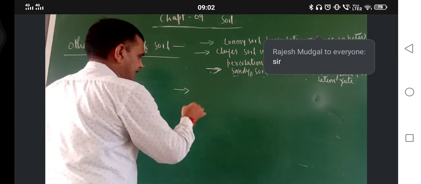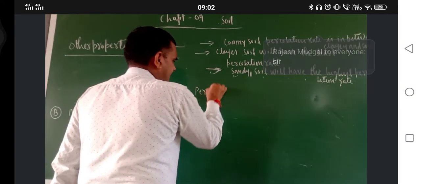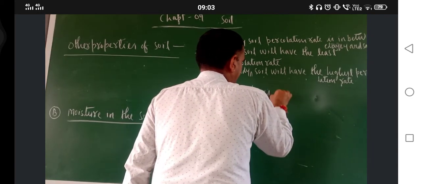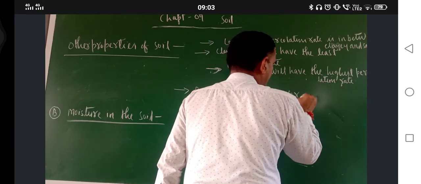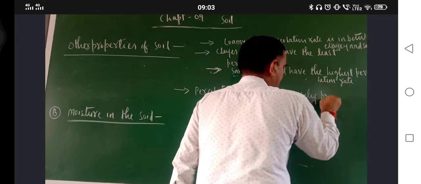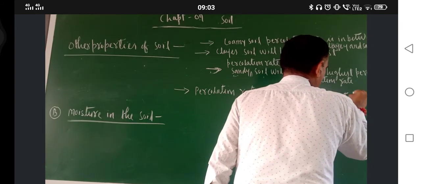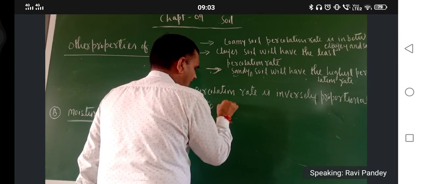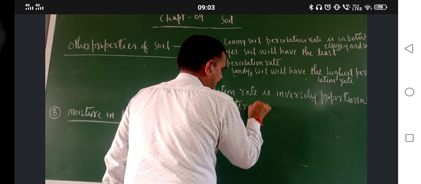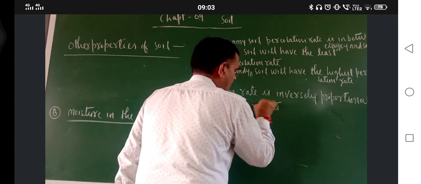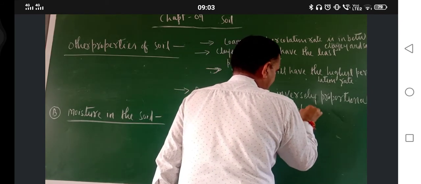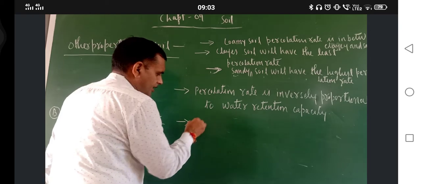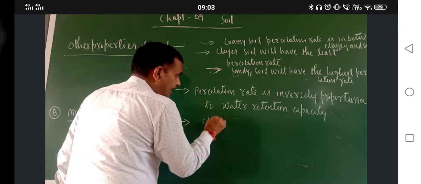Now, note down here. Percolation rate is inversely proportional to water retention capacity. Also note down this point.